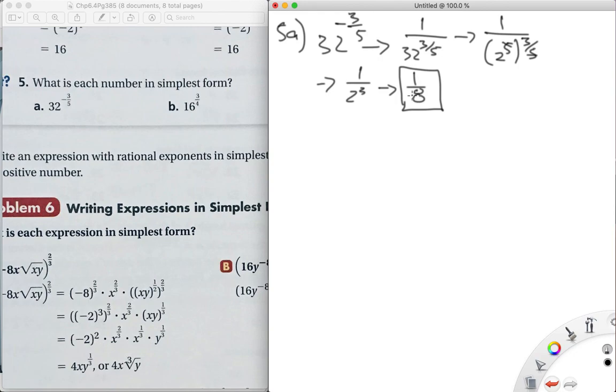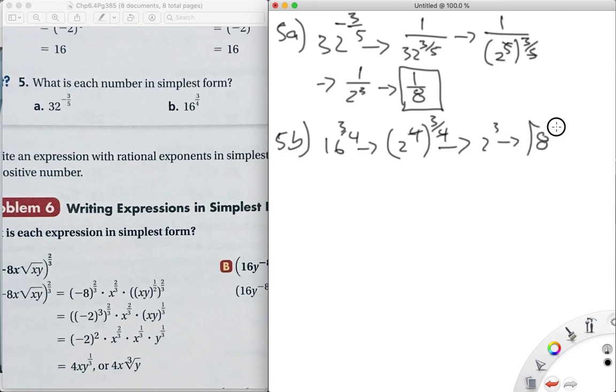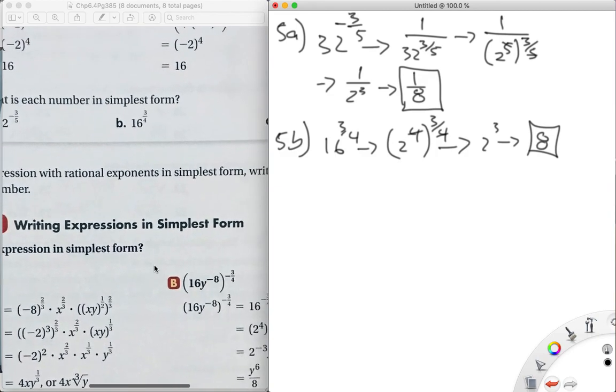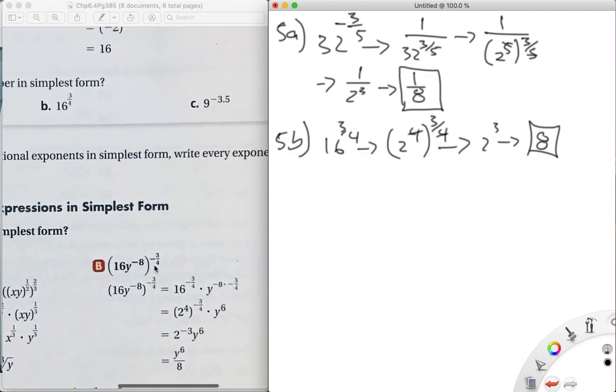And that should still get you there. 5b, we have 16 to the 3/4. 16 can be considered 2 to the 4th power, raised to the 3/4. These cancel. 2 to the third power, which is 8. Or again, you can take the fourth root of 16, get 2, and then raise it to the third power.